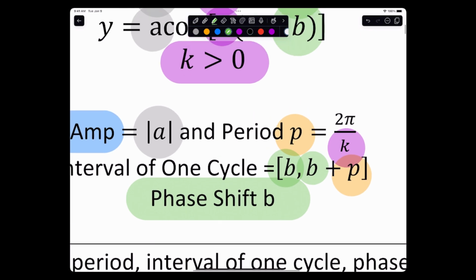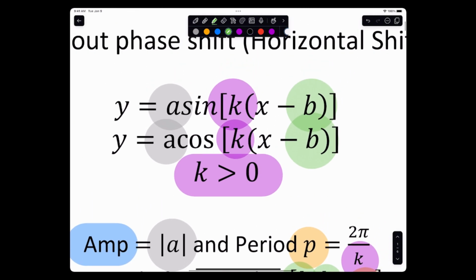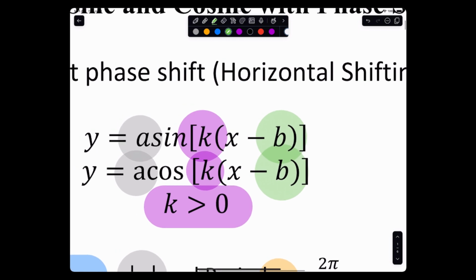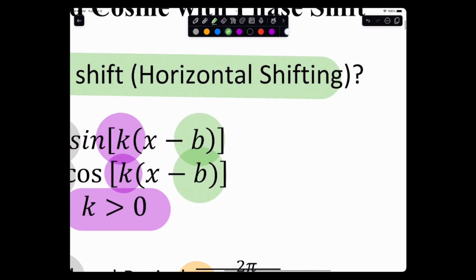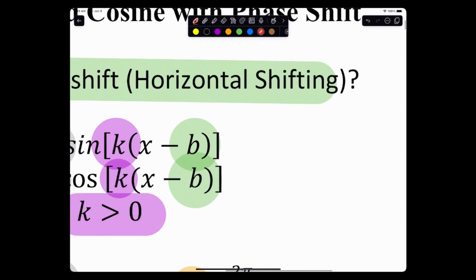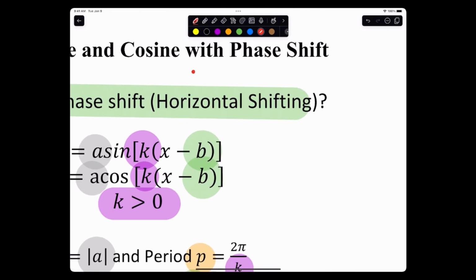So what is new is we're adding a phase shift, which is really a horizontal shifting. You shift the curve horizontally. Do you guys know what horizontal is? That's moving the curve left or right. It's a horizontal shift, left or right.